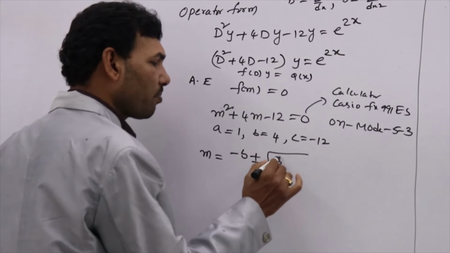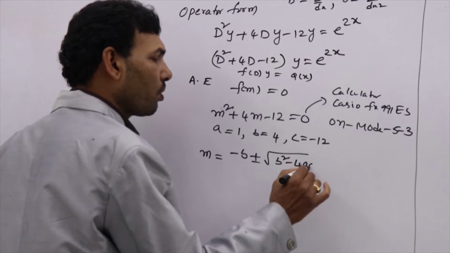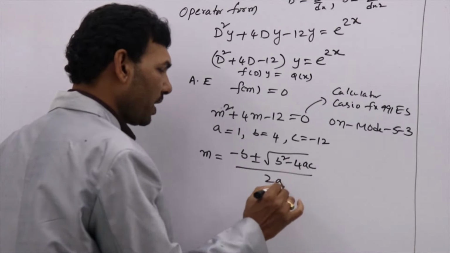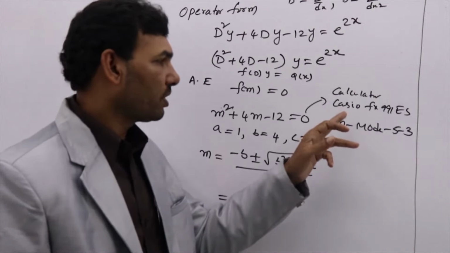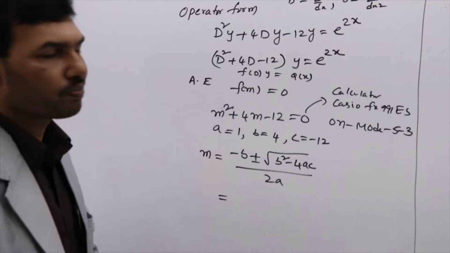Minus b plus or minus root of b square minus 4ac by 2a. This formula also we can use. But prefer this one to save the time.